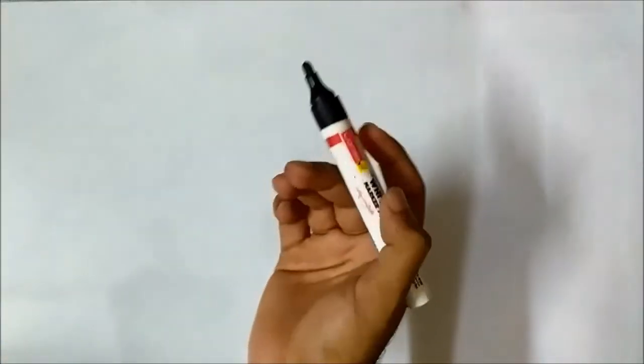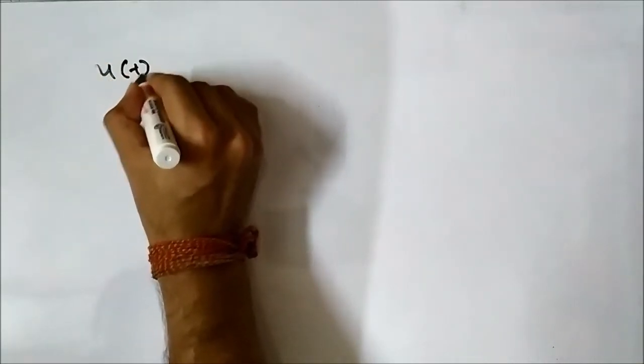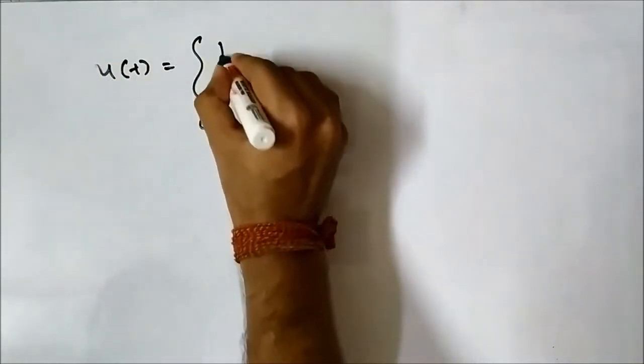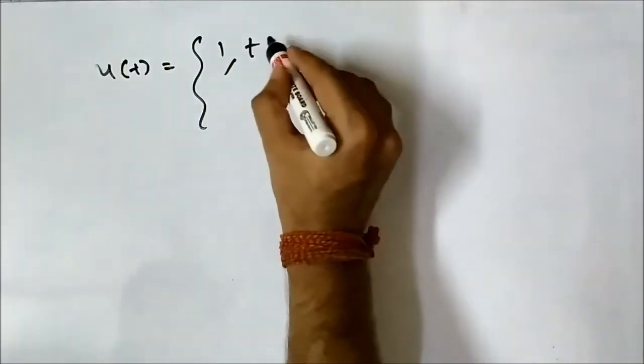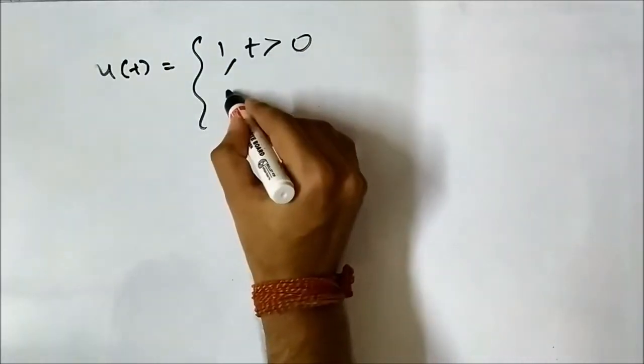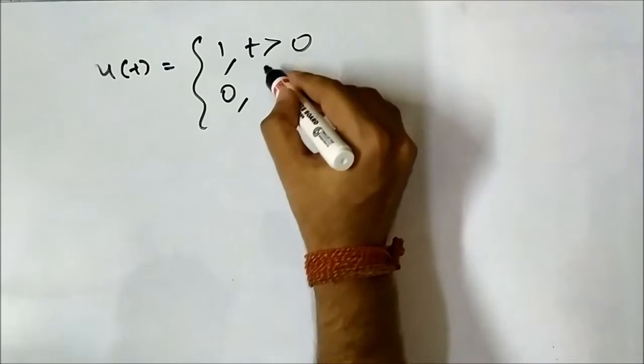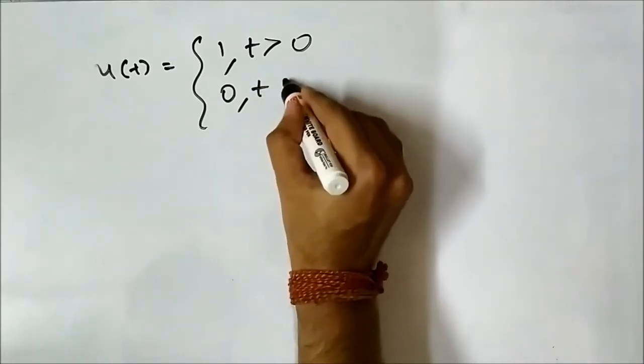So now let us perform amplitude scaling on some basic test signals. First we'll take the unit step signal. We know that the unit step signal is represented as 1 on the positive side and 0 on the negative side.